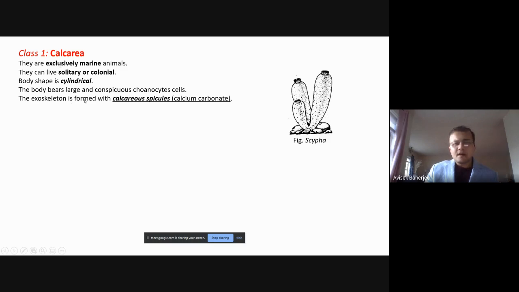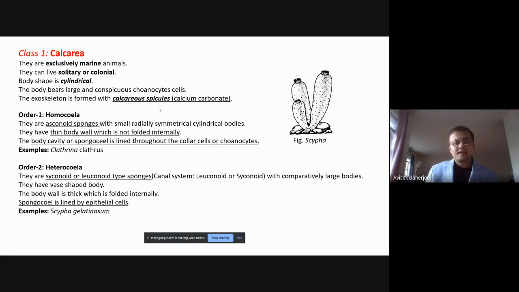The cardinal feature, the main feature, is that they are made up of calcareous spicules, that means the composition of the spicules is calcium carbonate. They have two orders, Homocoela and Heterocoela. Homocoela are calcareous poriferans having asconoid type of canal system. Heterocoela have syconoid or leuconoid.